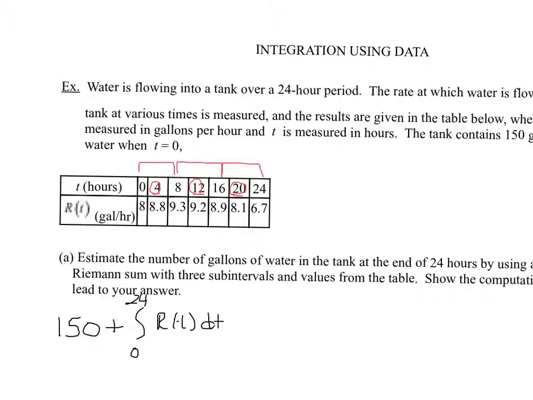Now, the width of each subinterval, the first one is 8 minus 0, so the width is just 8 hours. The width from 8 to 16 is 8 hours, and the width from 16 to 24 is 8 hours. So our dx is 8.